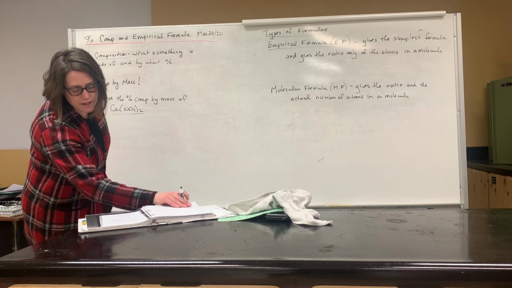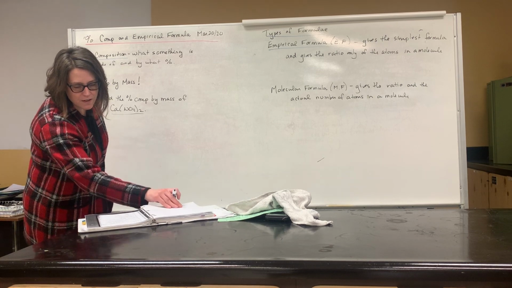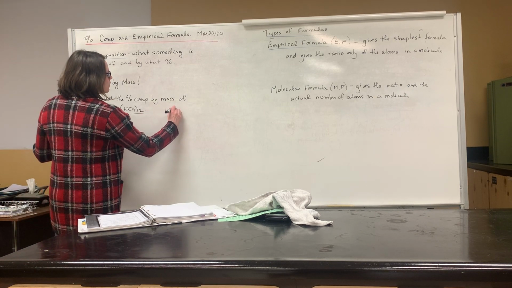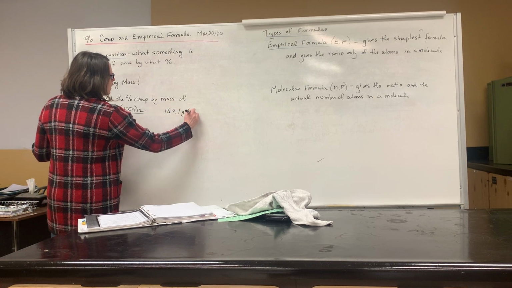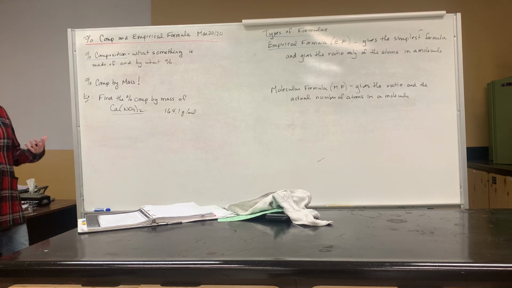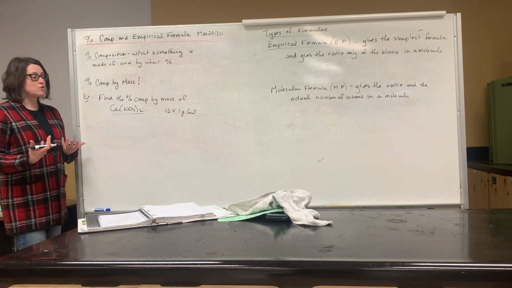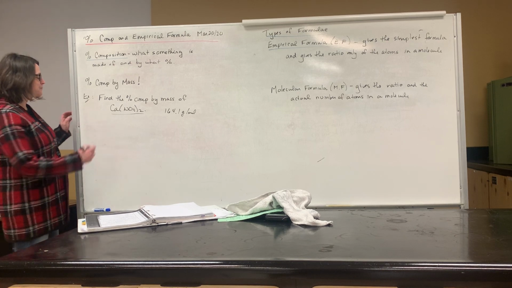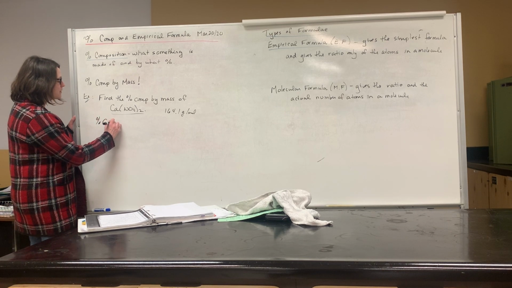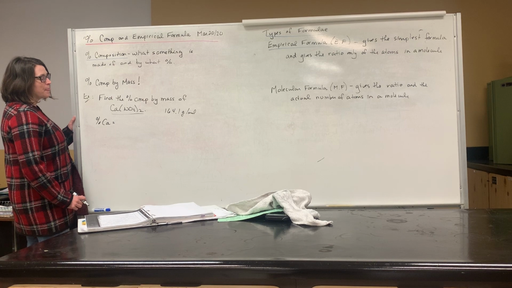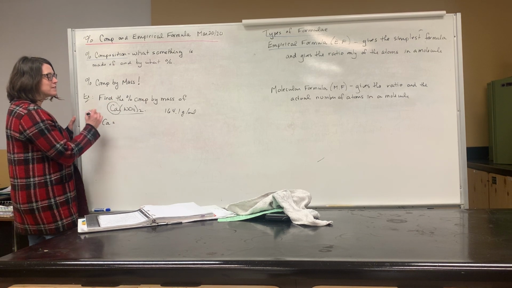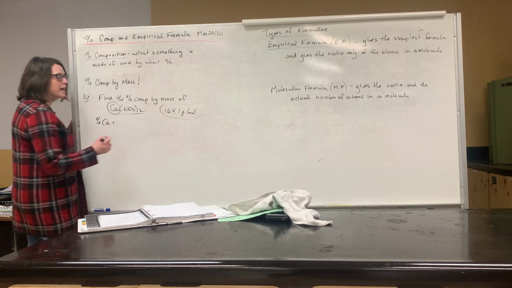If I find the full total mass of the calcium nitrate, we get 164.1. So this is 164.1 grams per mole. That would be the molecular mass of the calcium nitrate. So if we want to find specifically the percent of calcium in that, we can find the mass of calcium in the entire mass.